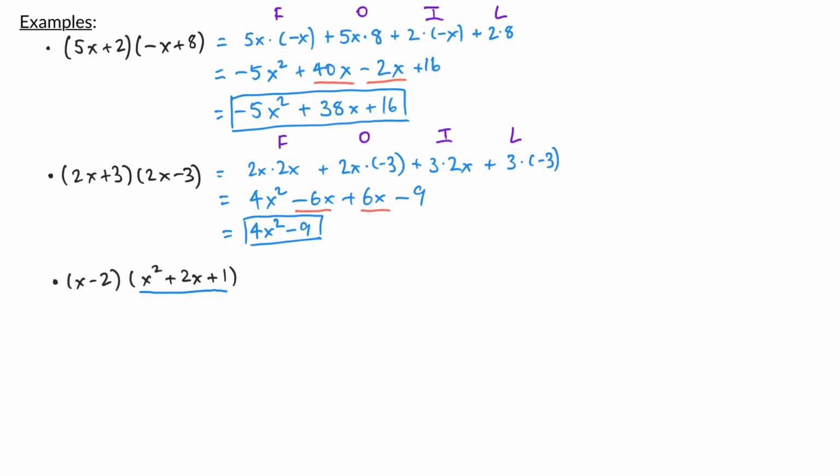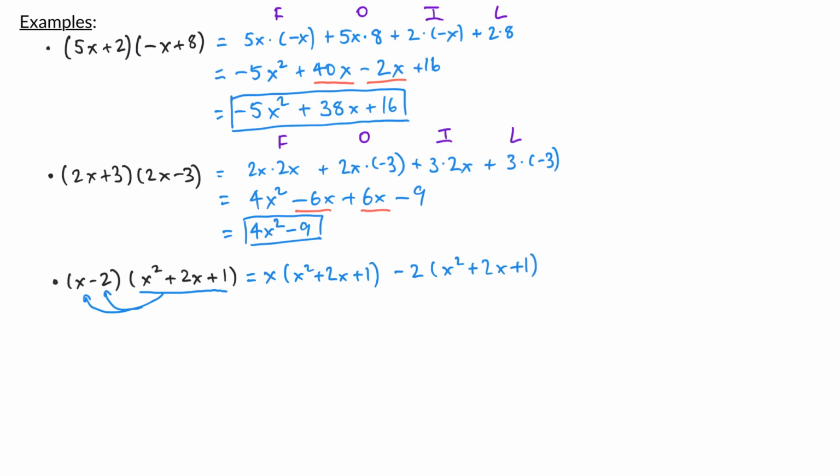So I can take this polynomial and multiply it to the x and multiply it to the negative 2. So multiplying the polynomial to the x, we get x times x squared plus 2x plus 1. Then multiplying the polynomial to the negative 2, we have negative 2 times x squared plus 2x plus 1.